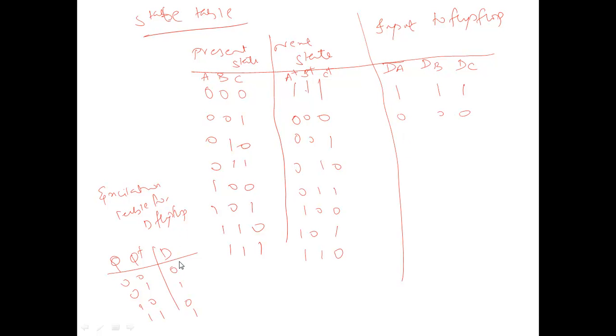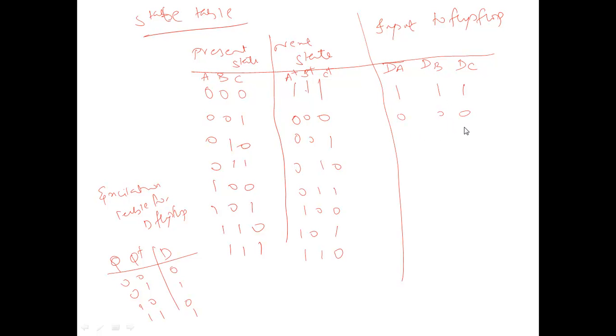Please understand, the D flip-flop is nothing but a delay flip-flop. Whatever you have in the input will come as the next state directly. So if you know the next state, you will directly write it as the input. This is applicable only for the D flip-flop.